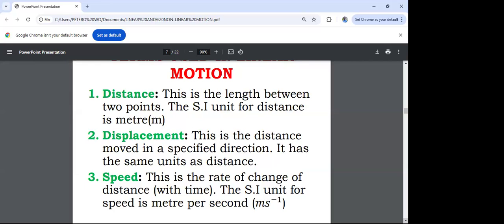And the SI unit for distance is meters, though it can have other units, any other units that you know that can be used to measure distance. You write some of them in the chat.